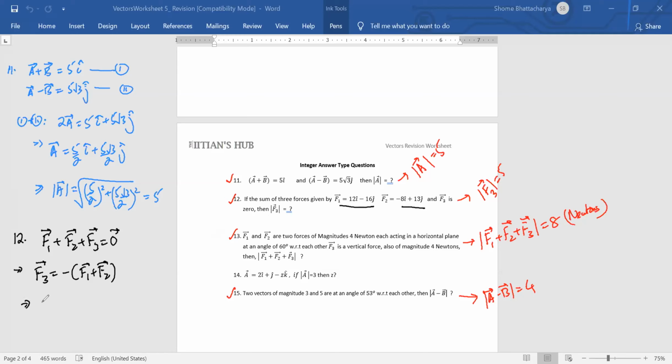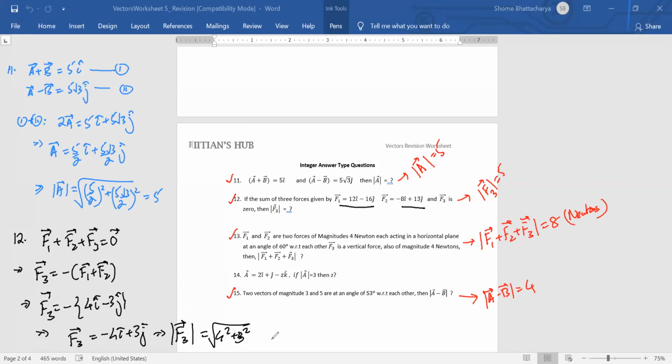So you'll see that f3 as a vector quantity will become negative of 12 minus 8, so that's 4 i cap, and minus 16 plus 13, so that's plus 3. Sorry, that's minus 3 j cap. So the vector f3 is minus 4 i cap plus 3 j cap. So its magnitude is 5. So that is your 12th question.